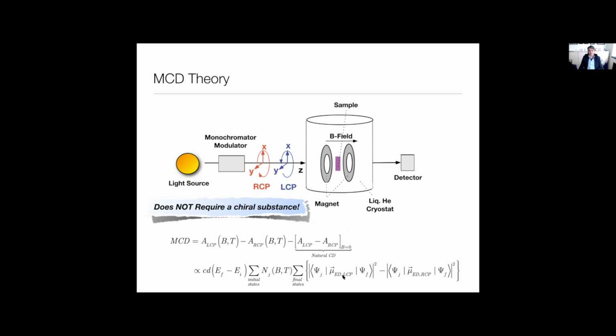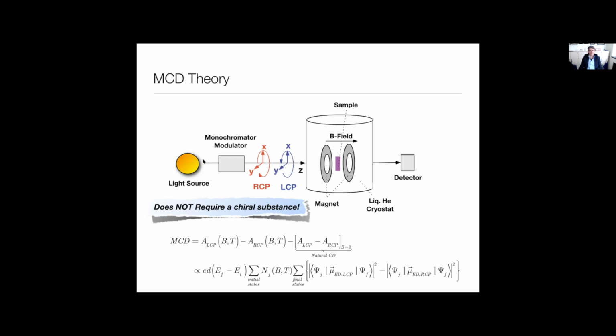So in our world, we take the difference between LCP and RCP photons, and it's my understanding that in XMCD the opposite convention is followed, which means we need to multiply by -1 when we want to talk to each other about it. But the principle is the same.